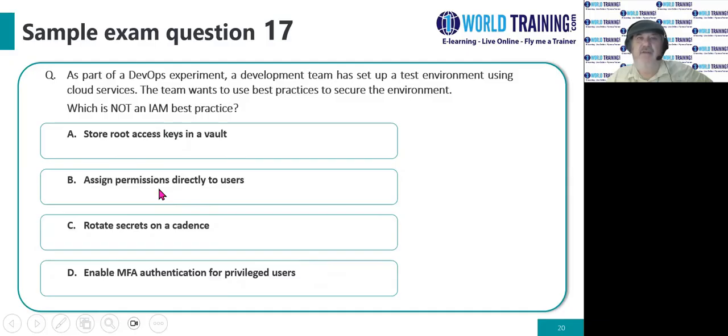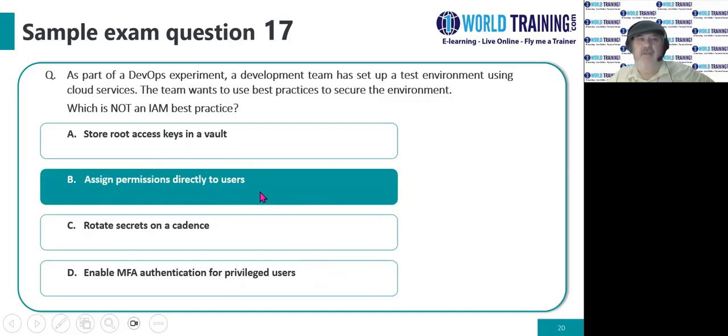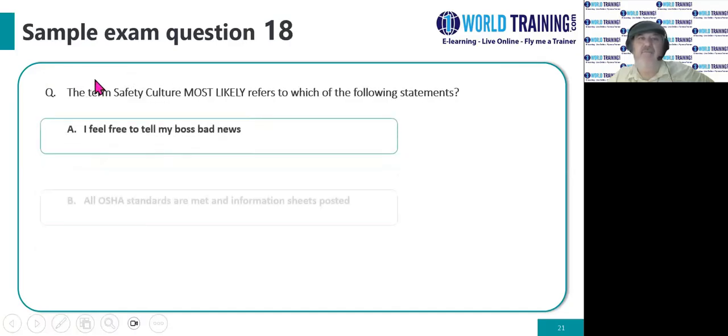Assign permissions directly to users. That's not a good idea, so that is a possible answer. Rotate secrets is actually a good idea, so that's not a good answer. Enable multi-factor authentication for privileged users. That's a good idea. So the best answer here, recognizing it's a negative question, is B. Yeah, assigning permissions directly to users.